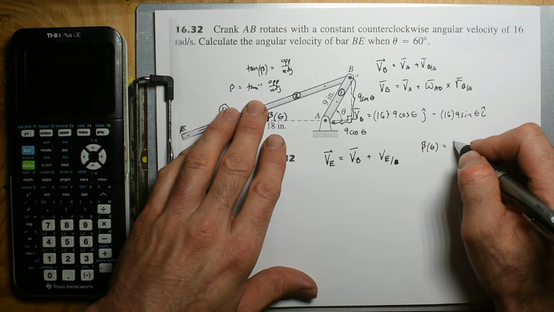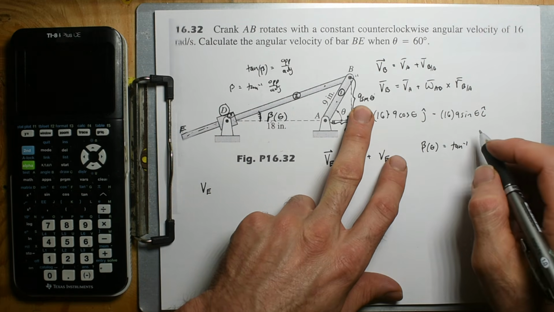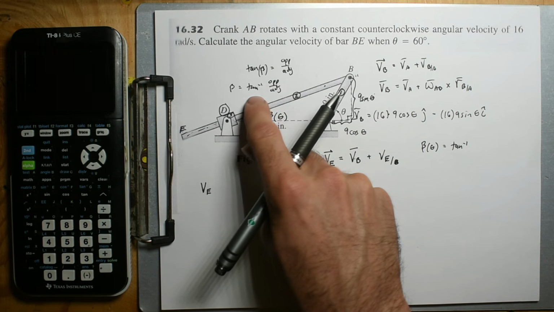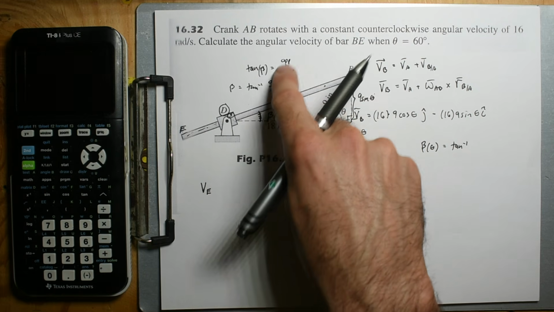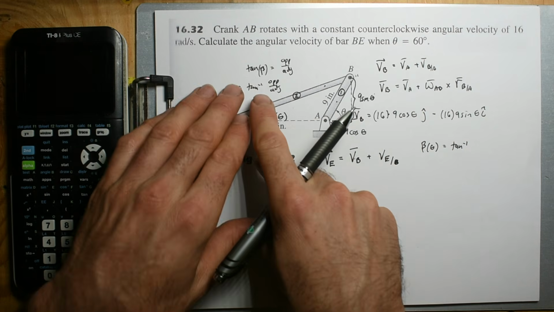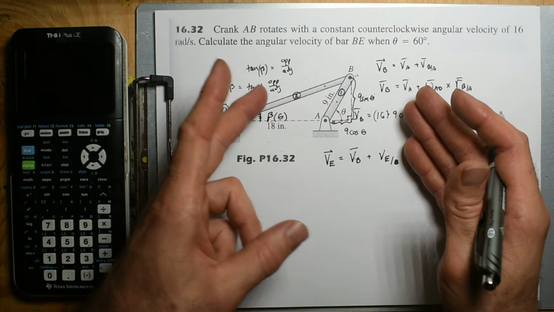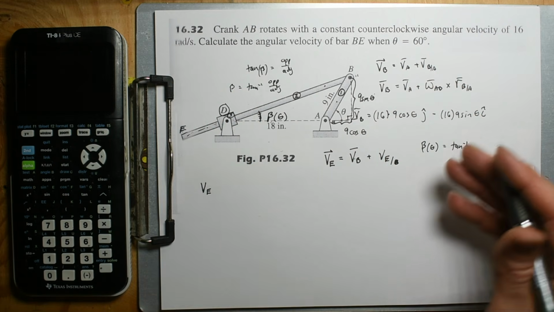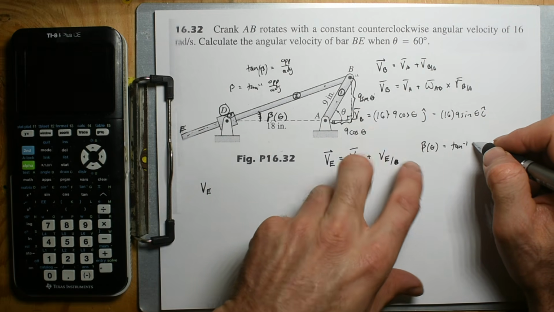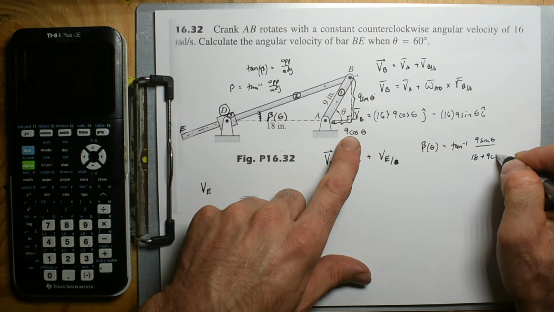Or just know that this is going to be the inverse tangent of opposite over adjacent. For any of the inverse tangents, inverse sines, inverse cosines, the ratio doesn't flip-flop. If you're doing inverse tangent, it's always opposite over adjacent, not opposite over hypotenuse. Those are quick skills to have in your head. So we have inverse tangent of the opposite, 9 sine theta, divided by 18 plus 9 cosine theta.